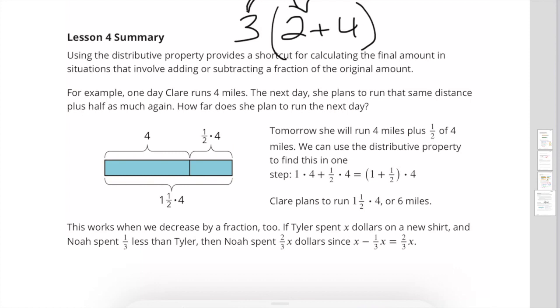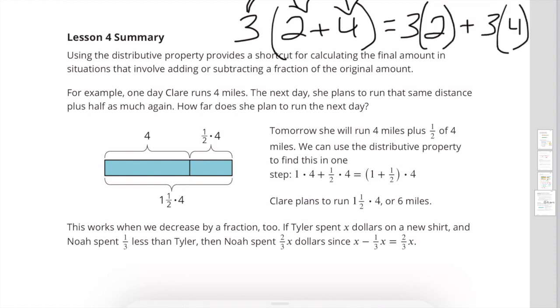So 3 times 2, and then I have to add that to 3 times 4. Okay, so when we had a situation earlier where we had X minus 1/3 X, because if you had 1/3 less, then you would actually only have 2/3. So that would be a simplified way to write that.